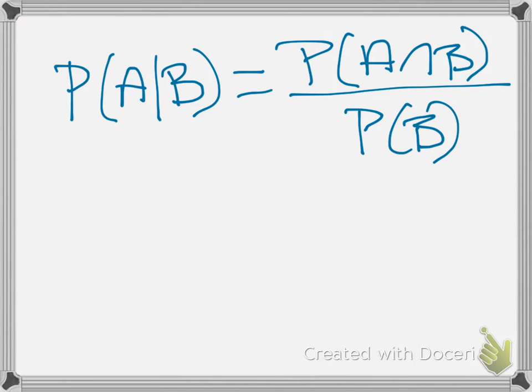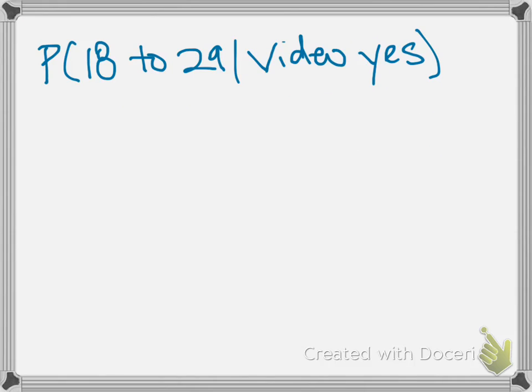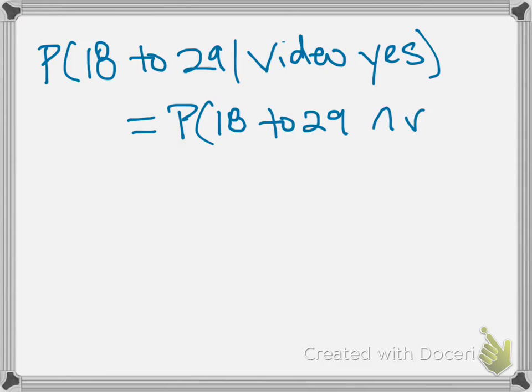So let's translate that conditional probability formula into the situation that we're looking at. In our case, that means we want to know what is the probability of the intersection of the events a person is 18 to 29, and they answered yes to watching videos on video sharing sites.